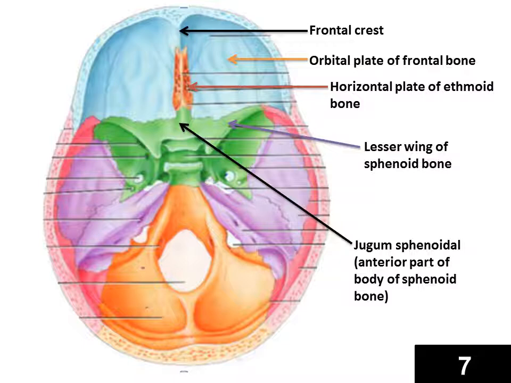Now a sharp triangular plate نطلق عليها called the crista galli, which project upward from the midline of the anterior part of Cribriform or horizontal plate of ethmoid bone.